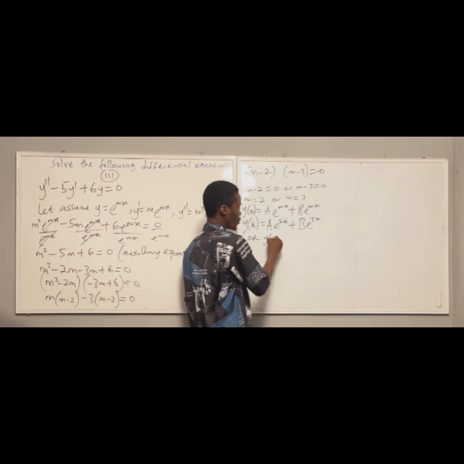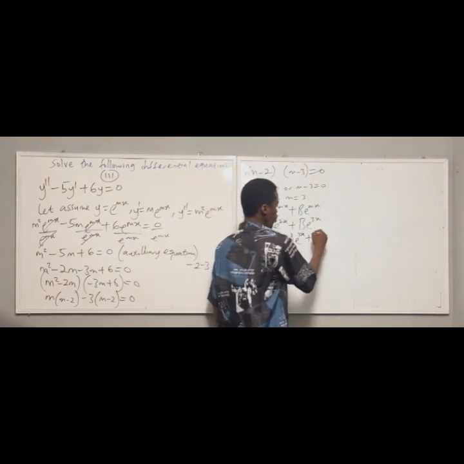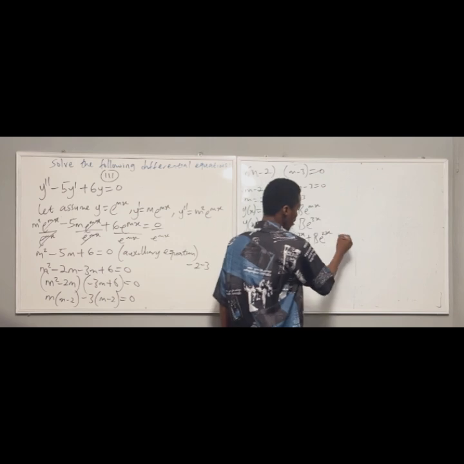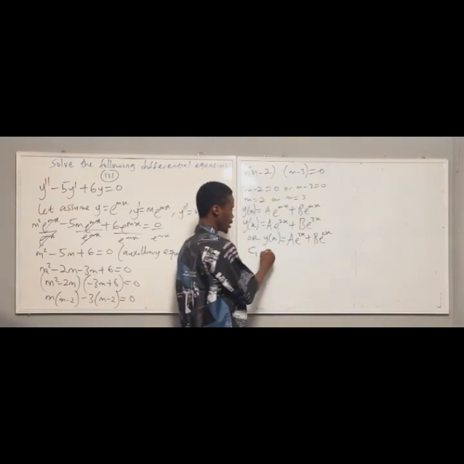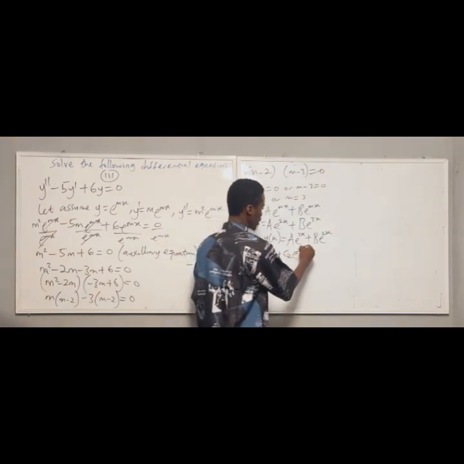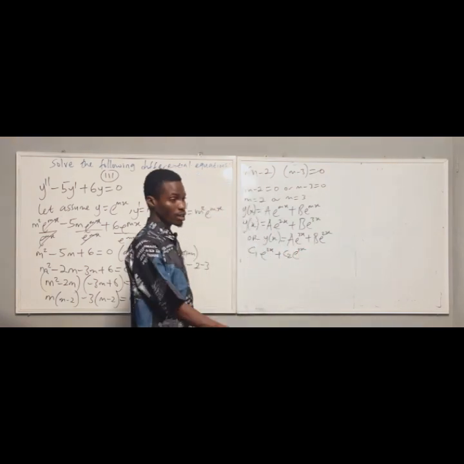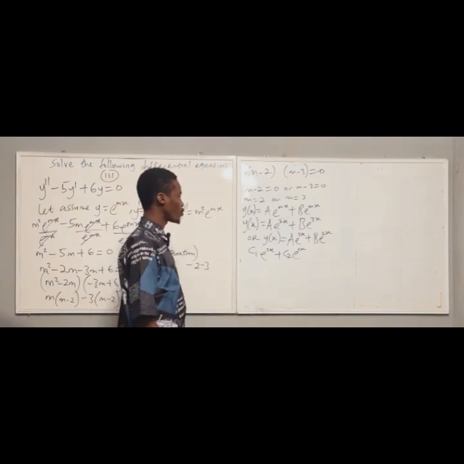Or y of x can be a e^(3x) plus b e^(2x); it's still the same thing. If you don't want to use a and b, you can use c1 e^(2x) plus c2 e^(3x). Either way, it's the same, since c1 and c2 are constants. So that is the general solution for this.